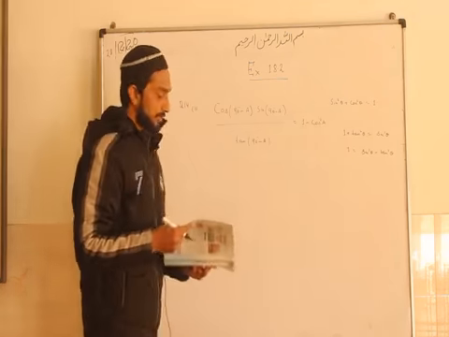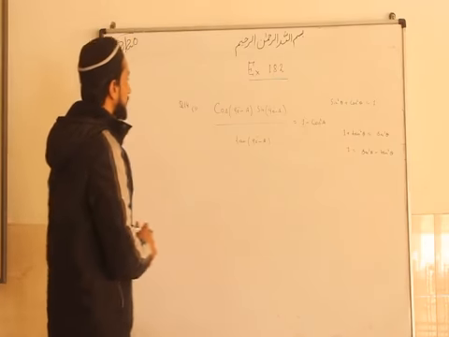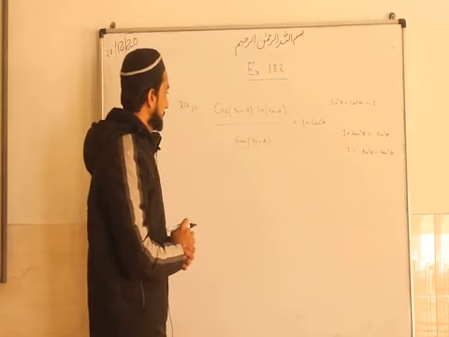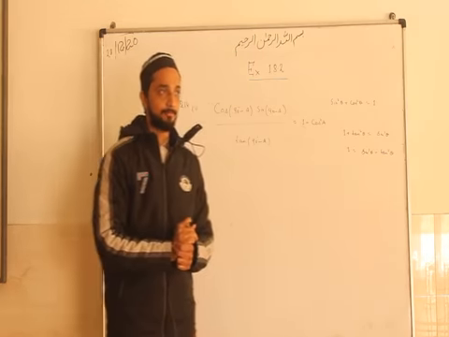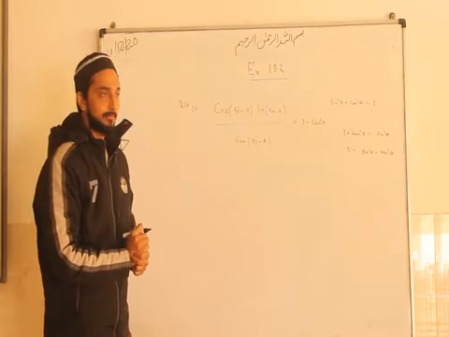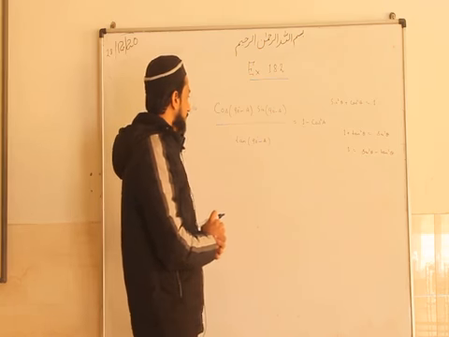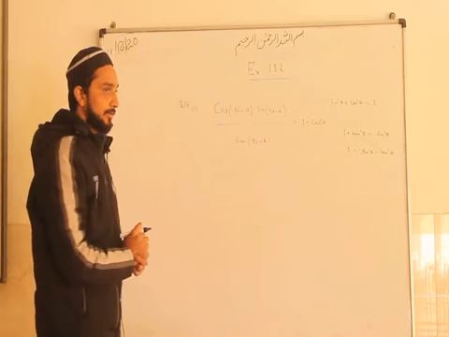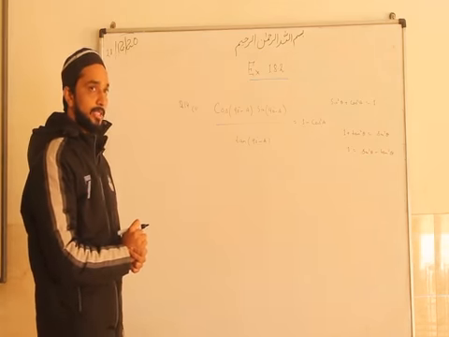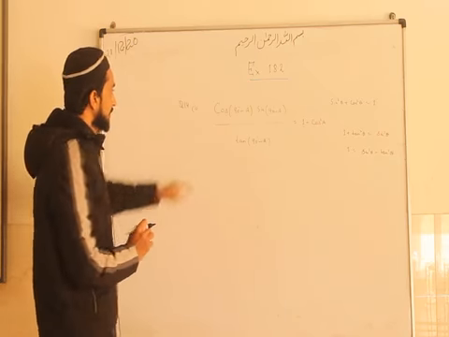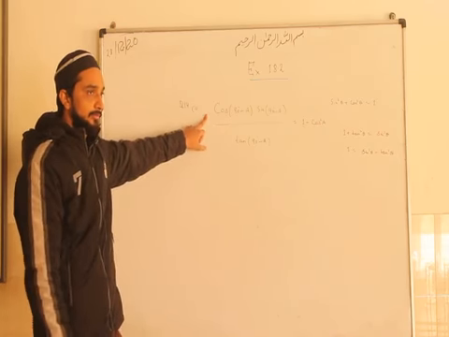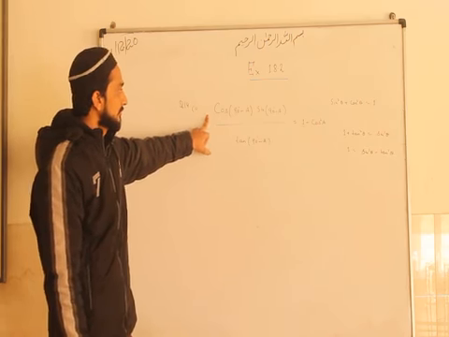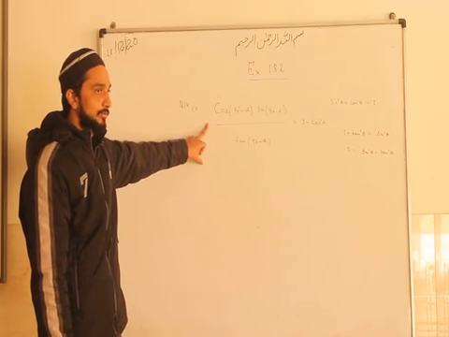So this we have to do. What will we do here? We'll change tan into sine by cos. Then sine and sine cancel. Then 1 minus cos square you have to prove.